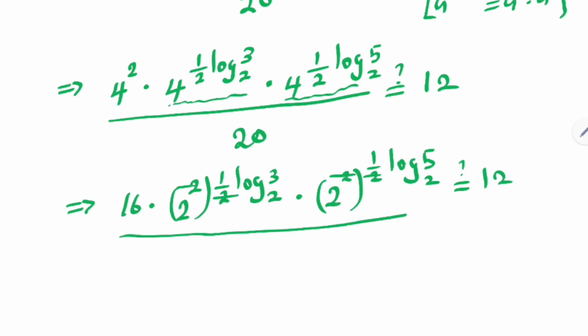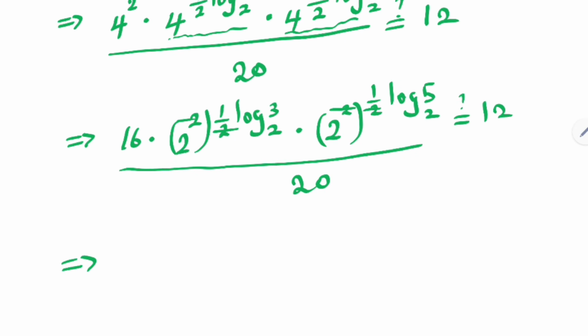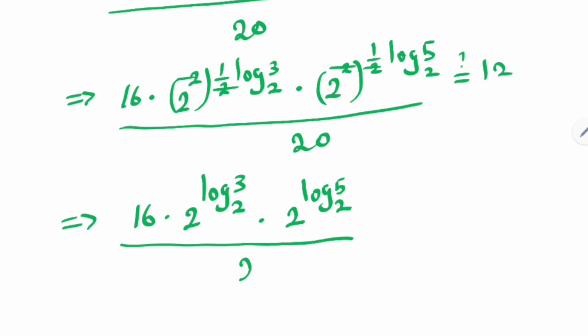Then everything is divided by 20. 16 multiplied by 2 raised to power log 3 base 2 multiplied by 2 raised to power log 5 base 2 divided by 20 must be equal to 12.